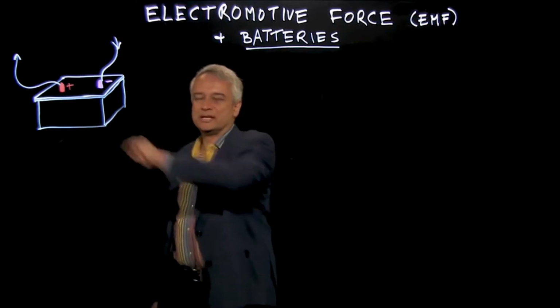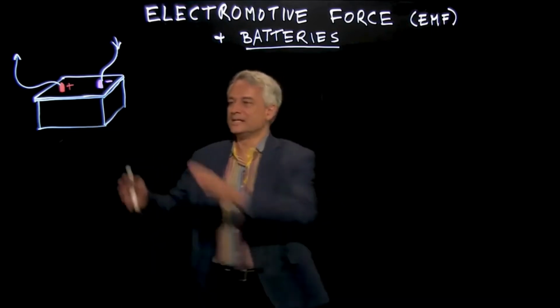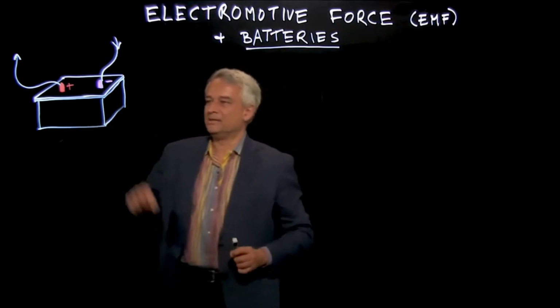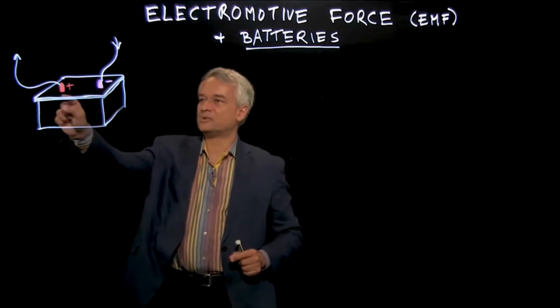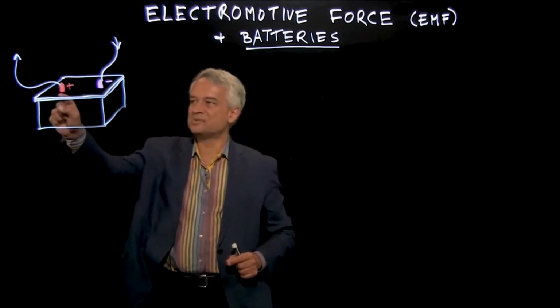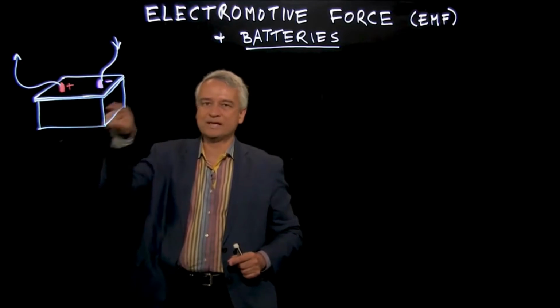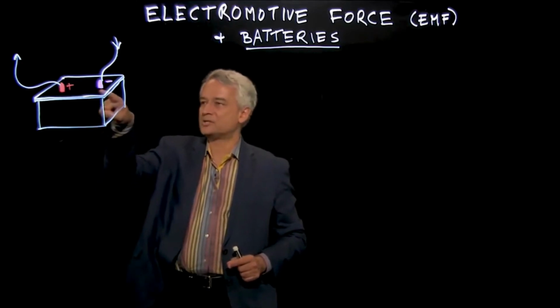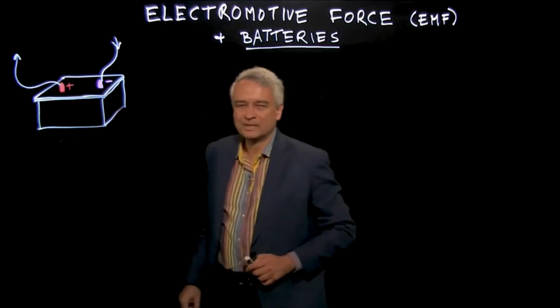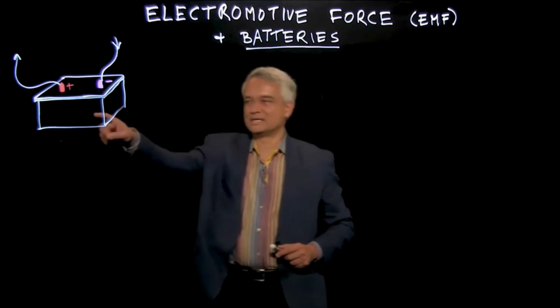So maybe there's a little person in here. You can think of a battery as having these little people inside this box, and they're carrying the positive charges from the negative terminal to the positive terminal. So even though the potential is higher here than there, we've got little people inside, and they're carrying the charges from there to there. Of course, there aren't little people inside a car battery.